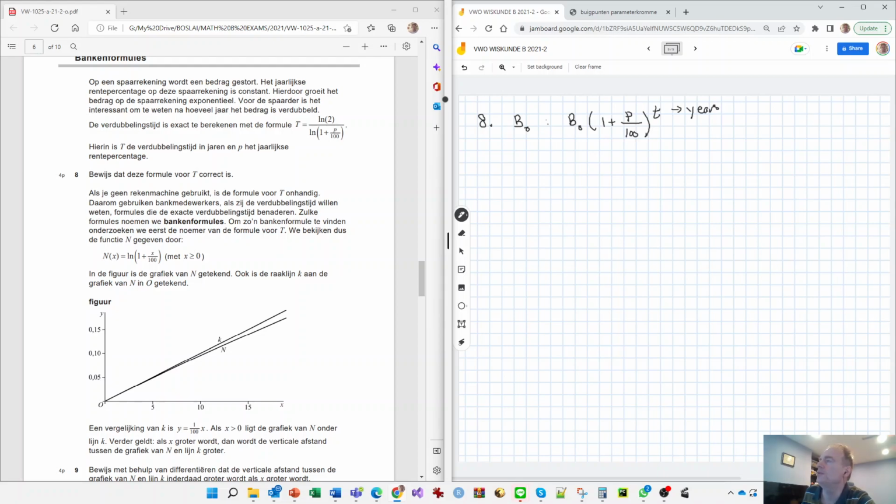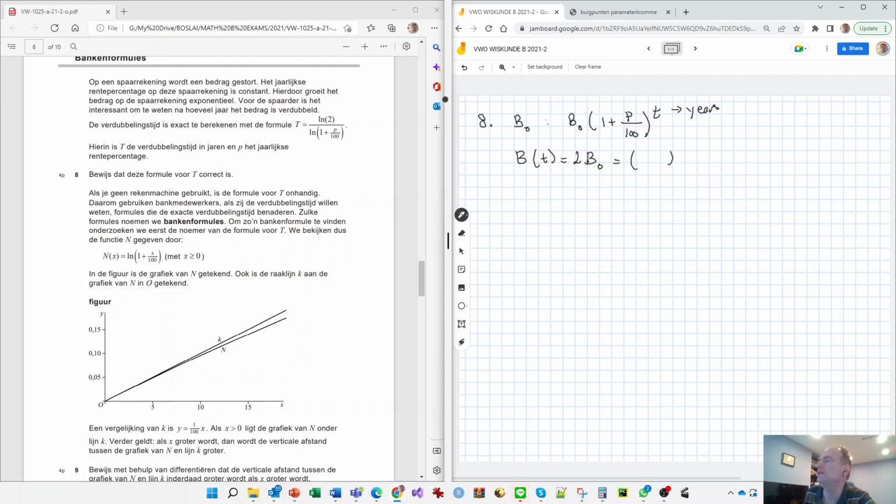Now, for this to be double, it would just mean that this is B as a function of t, has to be twice what was there. So that's that expression here.